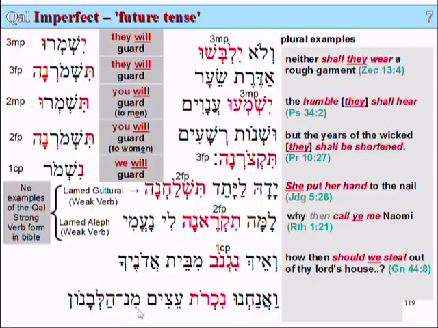Itzim, wood. Min, from. Halebanon, the Lebanon. And we will cut wood out of the Lebanon. Va'anachnu nikrot, we will cut, first person common plural again here. Alright, so that's all for the plural examples of the Qal Imperfect or future tense verb form.